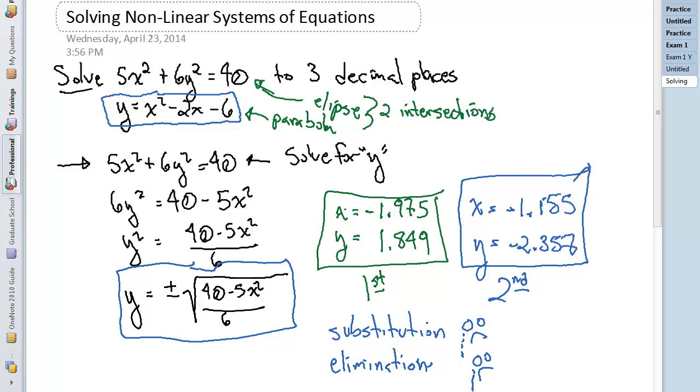And this is the issue with nonlinear systems of equations. A lot of times they have to be done numerically, because the algebra involved basically makes us cry. And I don't like to cry. So use the calculator. Those are the two points. I hope this helped my friend. I hope this helps you.